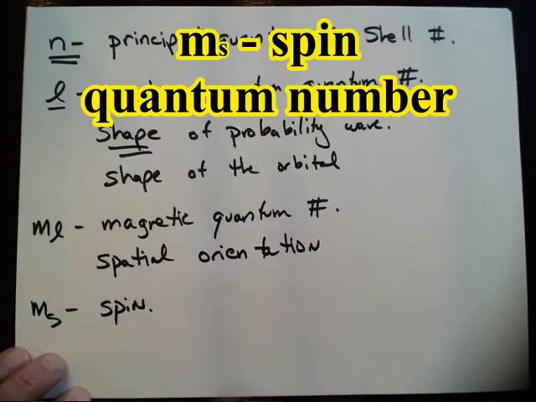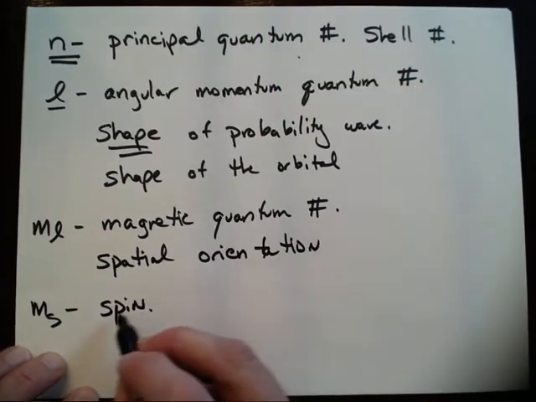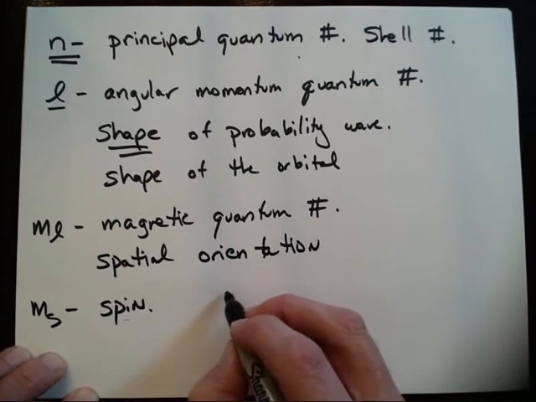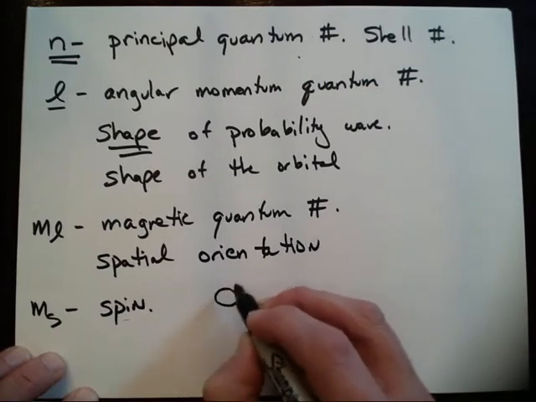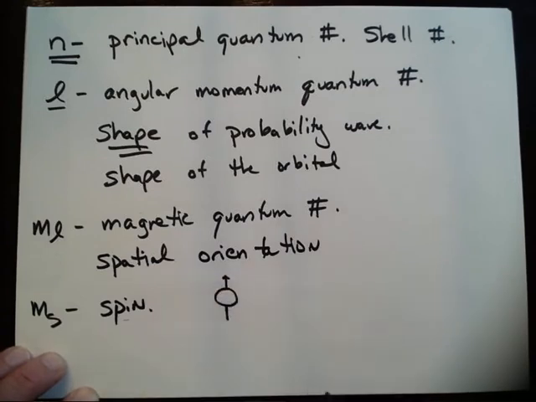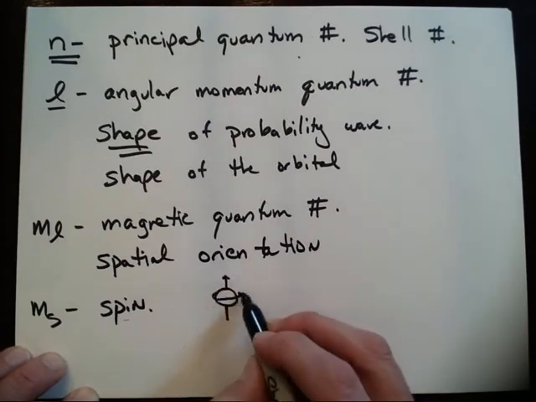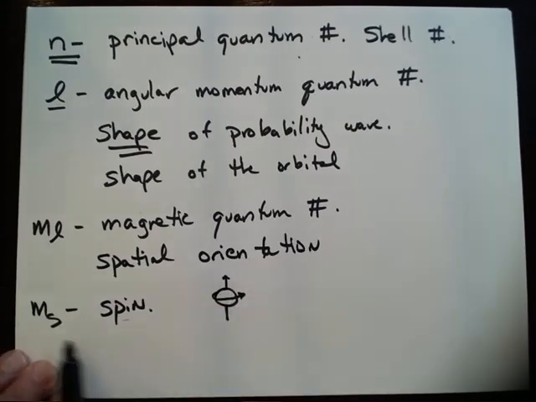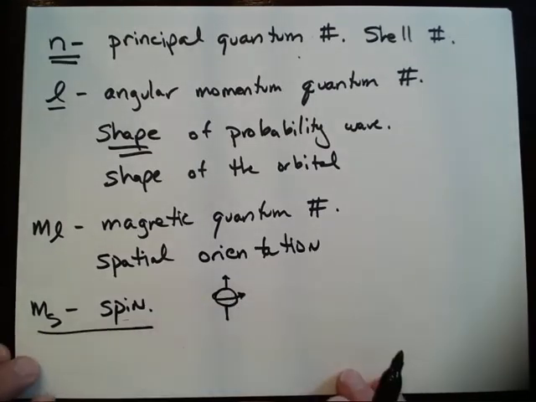And this, although this is not perfect, you can think about this particular quantum number sort of describing how the electron spins on its axis. So if we imagine sort of like a spherical electron with a pole this way and a pole that way, this is sort of rotating around its axis, kind of like the Earth rotates on its axis. This is not exactly what's happening, but it just gives you a little physical picture of what we might mean when we describe the spin.